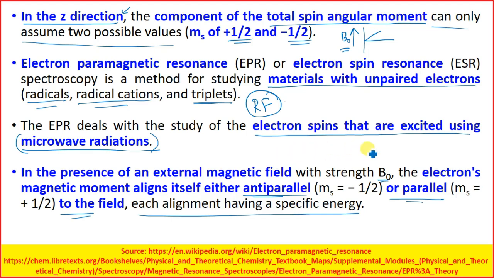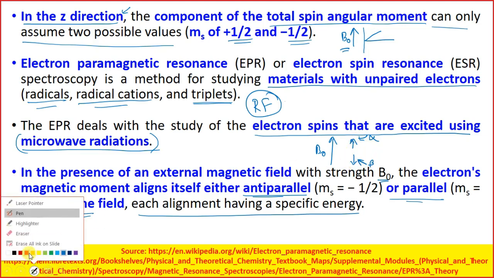So if you see, the net magnetization vectors will be in the direction of the magnetic field B0, and in the opposite direction also we will be having some state. So this is the low energy state, this is the high energy state. The low energy state we called alpha, the high energy state is beta because it is against the magnetic field, right? Now these will basically cancel each other.